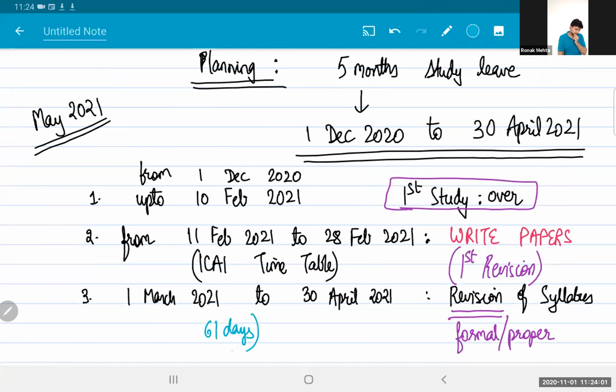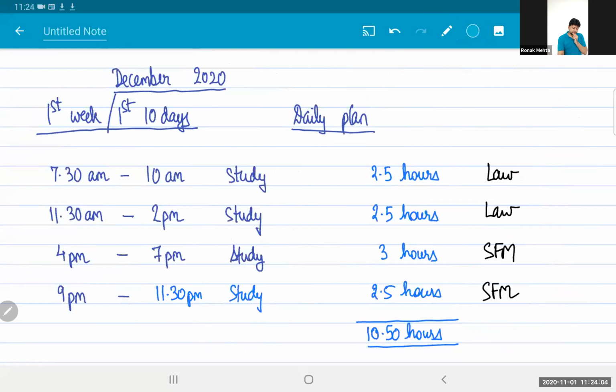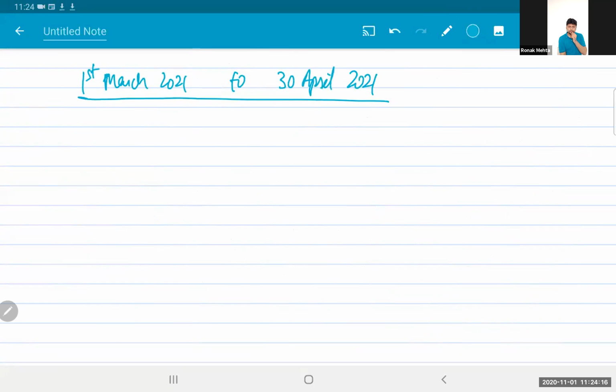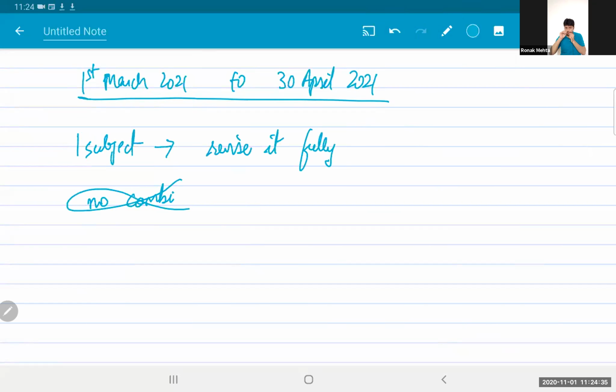For these 61 days, 1st March 2021 to 30th April 2021, I would honestly suggest to pick up one subject, revise it fully. No combinations. No combinations for revisions.